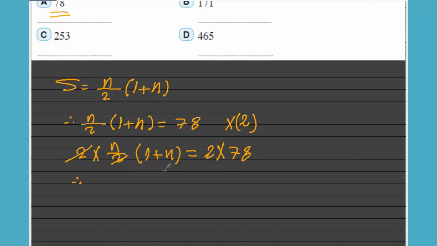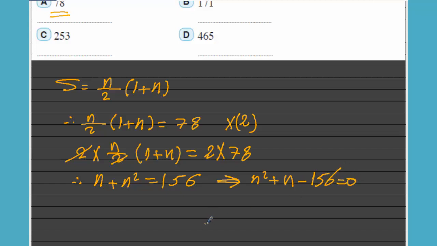Now I'll expand this bracket using n. n × 1 equals n, plus n × n, it is n², equals 2 × 78, which equals 156. Now n² + n, we must arrange this equation and put it equal to 0: n² + n − 156 = 0.